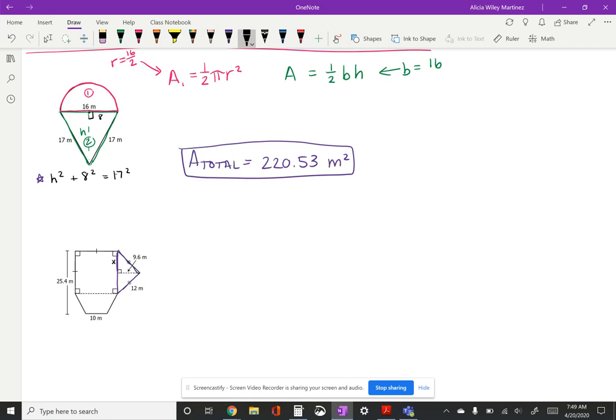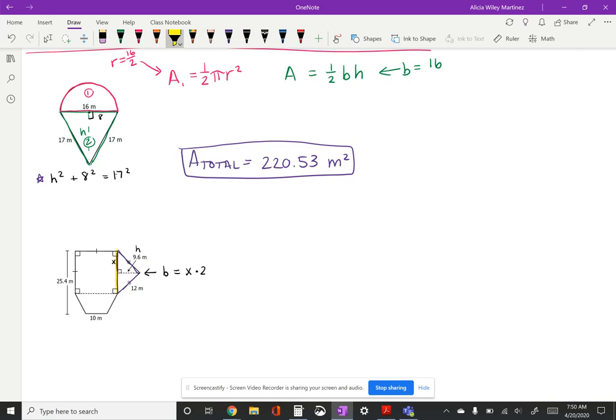And then you'll have to find the area of this triangle. They give you the height, so this is going to be your h. What they don't give you is the base. For the triangle, your base is going to be your value of x times 2, because the base of this triangle is this whole thing.